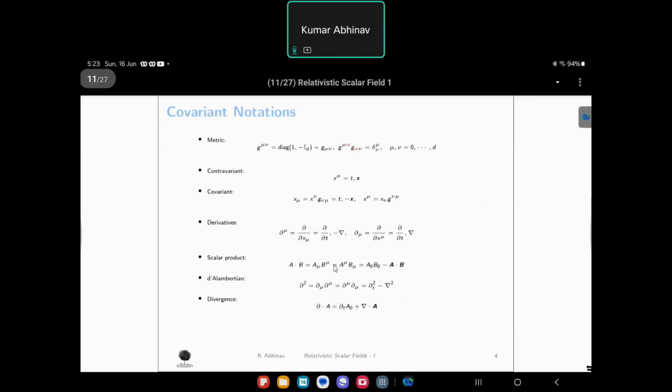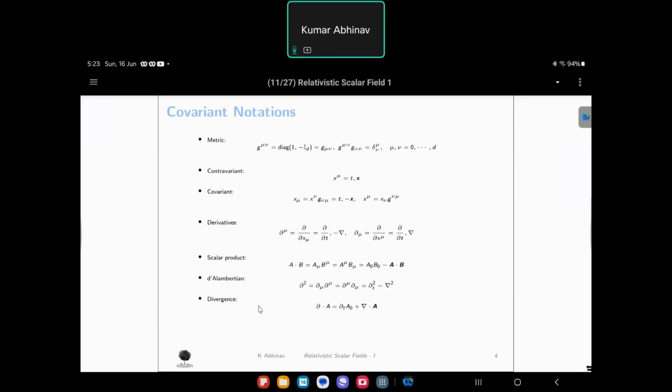From these definitions, one can construct a scalar product. The scalar product between two 4 vectors A and B is the product of time components minus the dot product of the space components. Then you can define a generalization of the Laplacian operator, the d'Alembertian, which is a contraction of the partial derivatives, and this amounts to the time derivative squared minus the Laplacian.